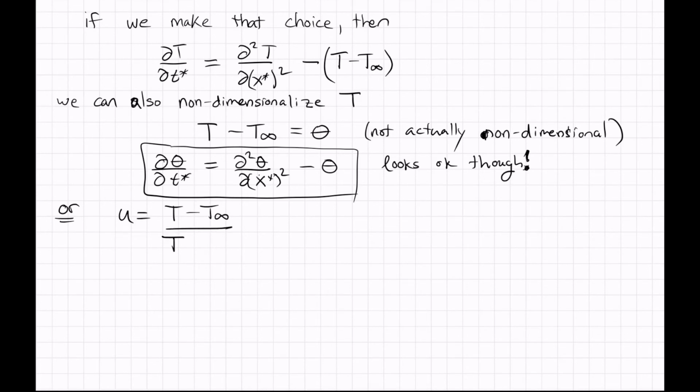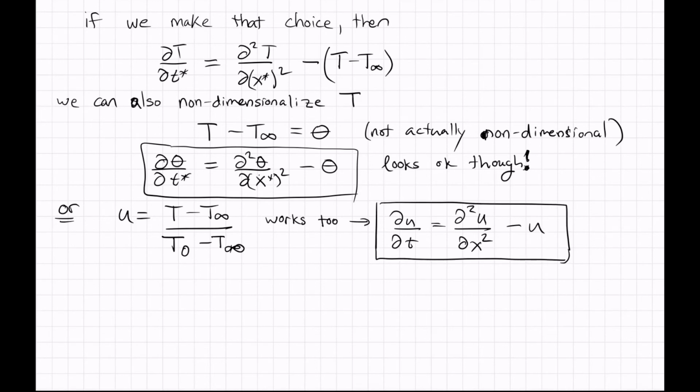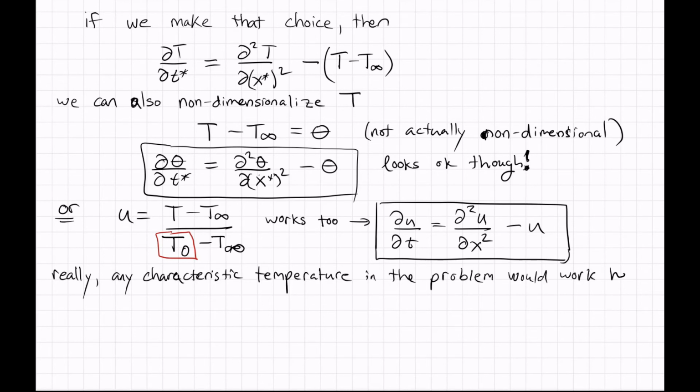So if you want to non-dimensionalize, what you can do is define T minus T infinity, but then divide by something else that has units of temperature. Usually this would be like an initial condition minus T infinity, or it could be some characteristic temperature that exists in the problem. In that case, you recover exactly the same differential equation, but it does some nice things to the boundary conditions if you set it up right.